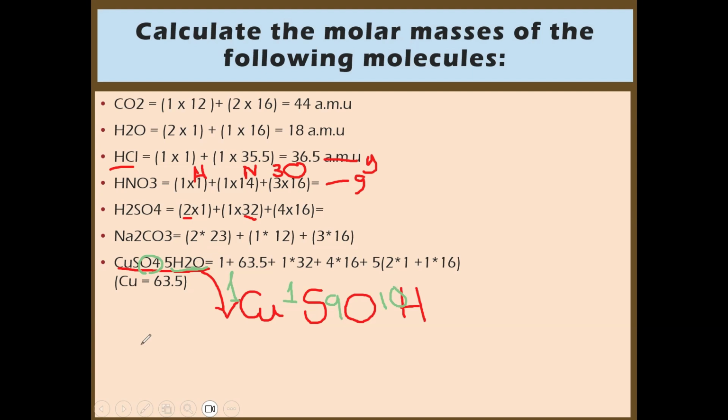So to calculate that: one copper times the atomic mass of copper, which is given as 63.5, plus 1 sulfur, which is 1 times the atomic mass of sulfur, 32, plus 9 oxygen, so 9 times 16, the atomic mass of oxygen, plus 10 atoms of hydrogen, 10 times 1.